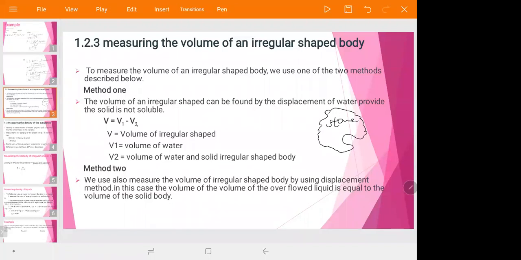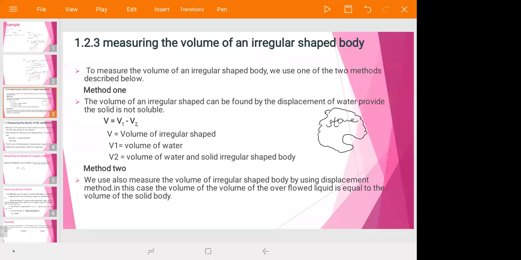You can't find its volume with the formula for a regular solid because it doesn't have a regular shape. Therefore, we can find the volume of this one in a different way.